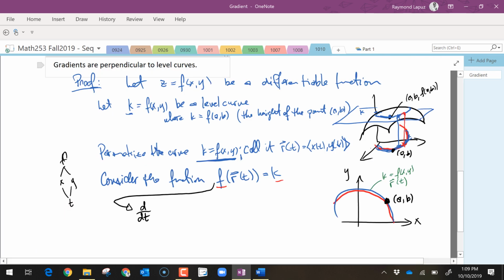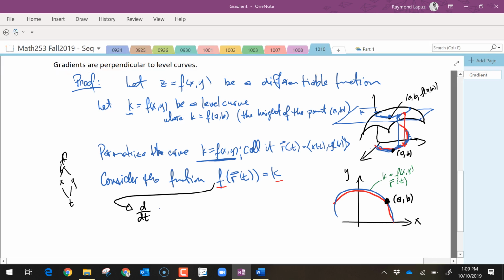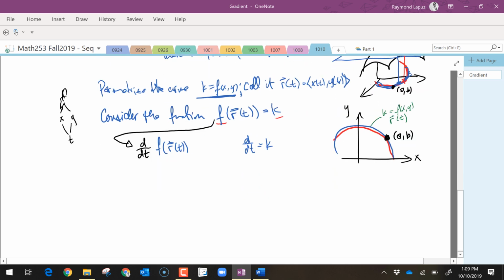So the derivative of this thing is going to be the partial with respect to x. We're also going to want to take the derivative of the right-hand side. It's constant, so that's just going to be 0, right? So what happens on the left-hand side?